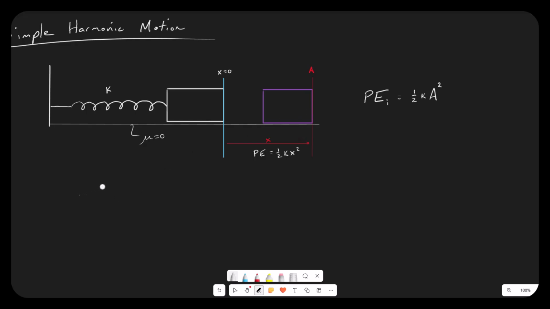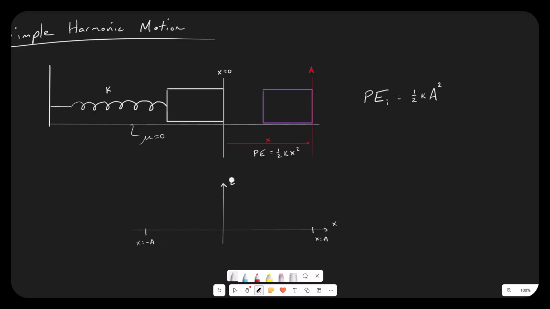If I were to graph this thing, and I said right here, let's call this my x equals 0, then this oscillator is going to go back and forth between x equals A and x equals minus A. This is my x-axis then.